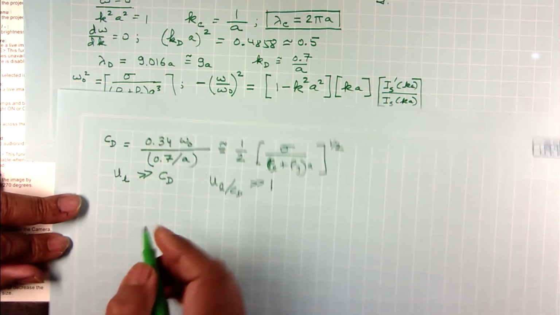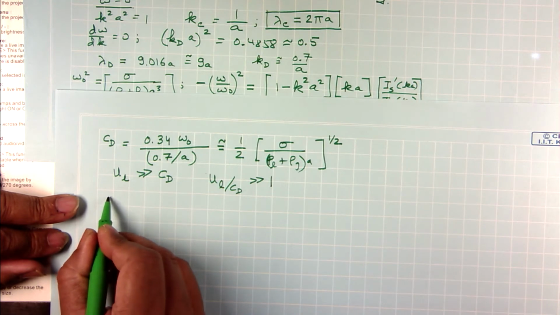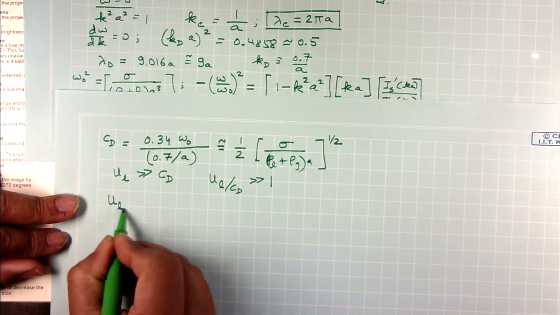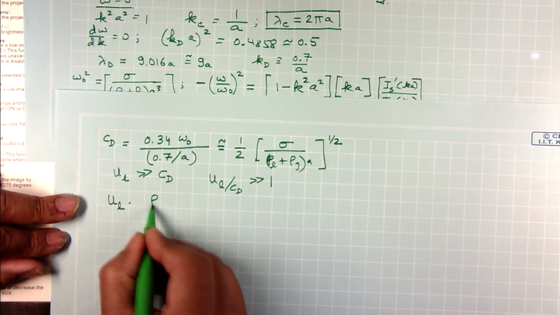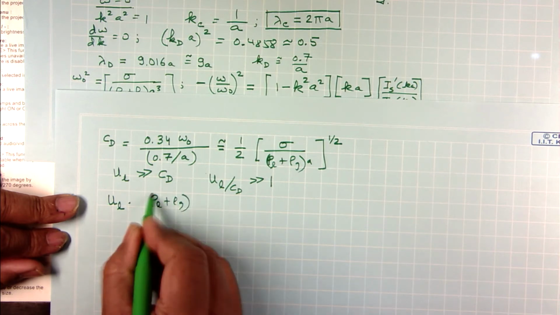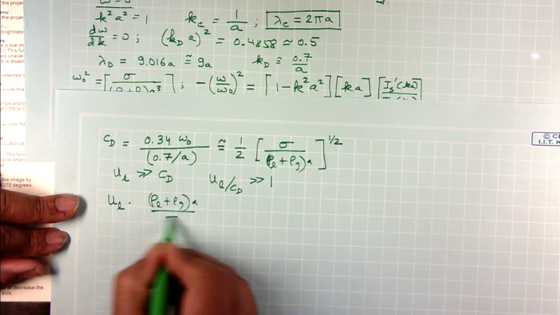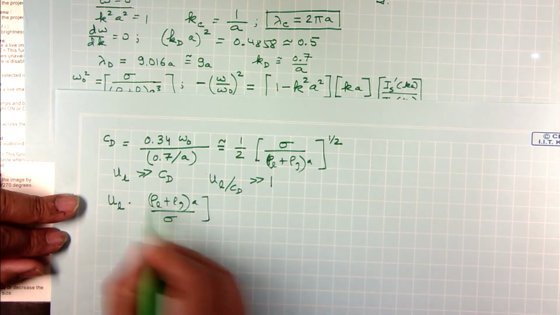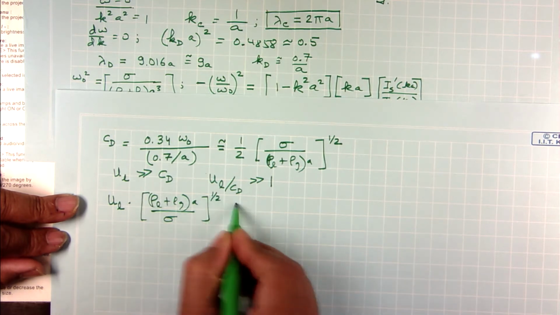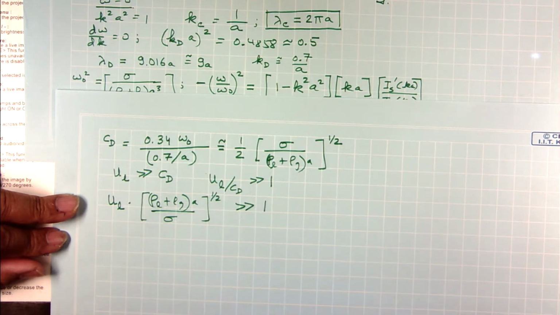That is the implicit assumption in this derivation. Or in other words, UL times rho L plus rho g times A divided by sigma, to the power of half, has to be much greater than 1. Now, that is one constraint.